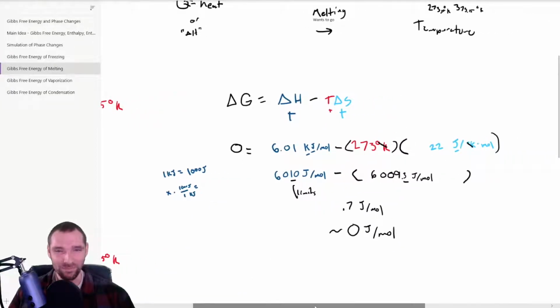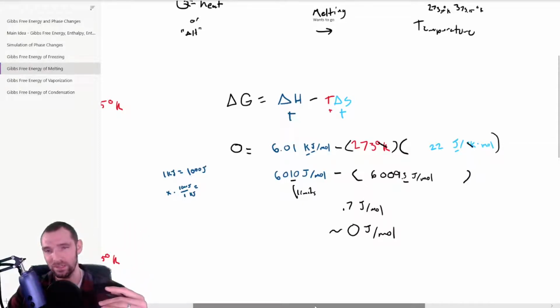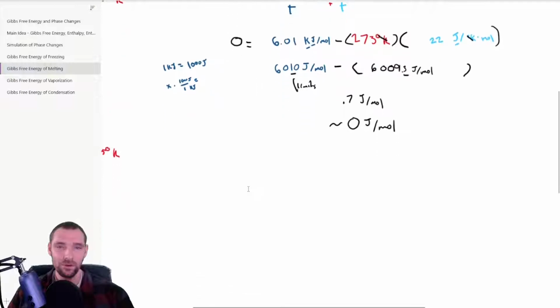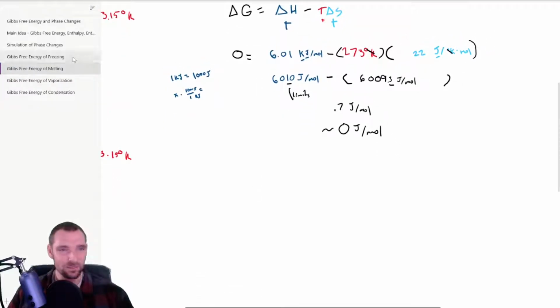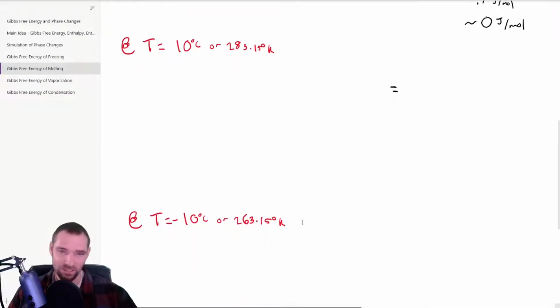And if you do that at 0 degrees Celsius or 273 degrees Kelvin, these cancel out. So it's not spontaneous forward or backwards, the process of melting. It's perfectly balanced between the two. But what happens that's kind of interesting is when we're talking about the melting here, we can think like, well, does water melt at 10 degrees or negative 10 degrees Celsius?